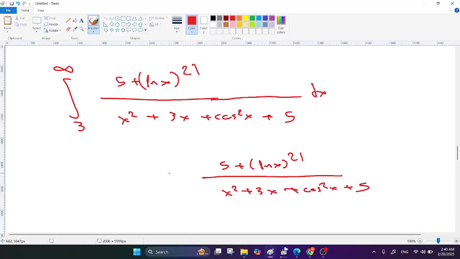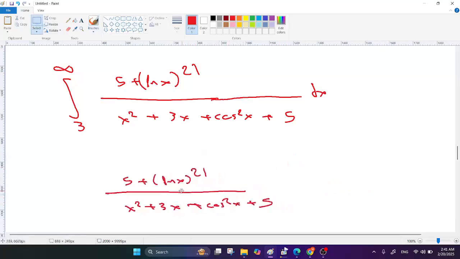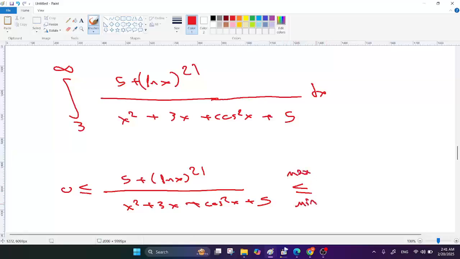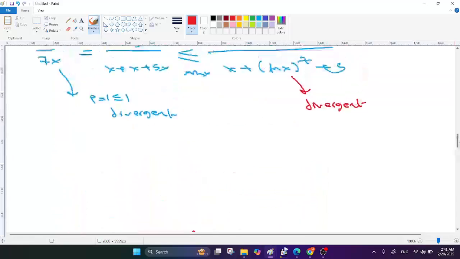This here, let's write it, let's have some space. This here is greater than or equal to 0. And it's less than or equal to, so maximize, minimize.